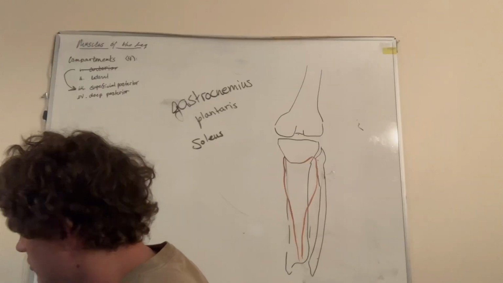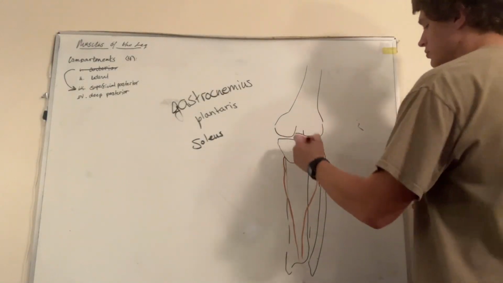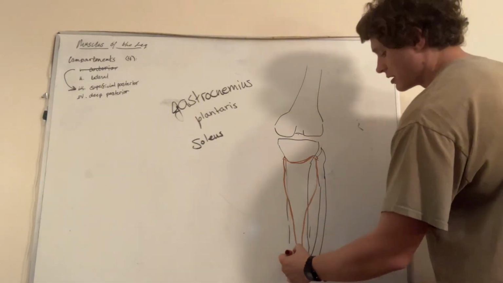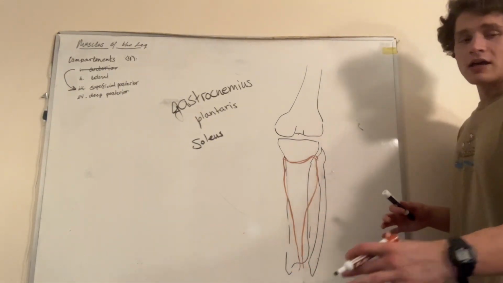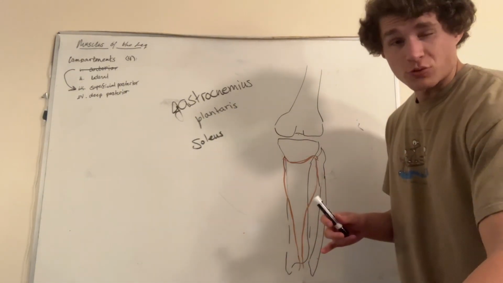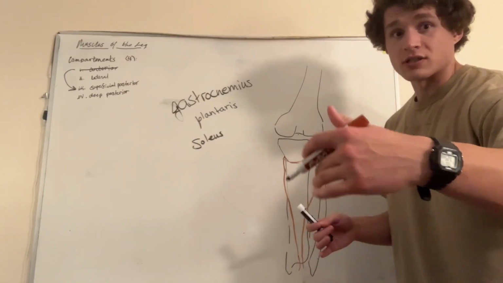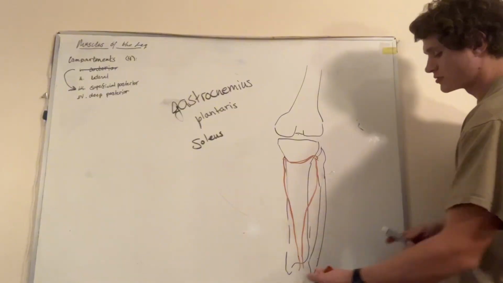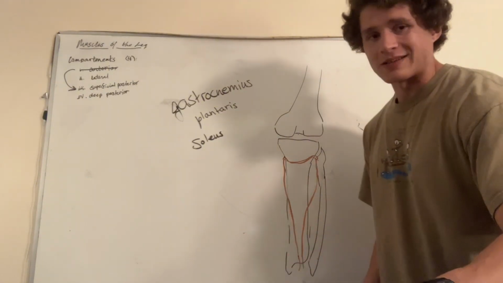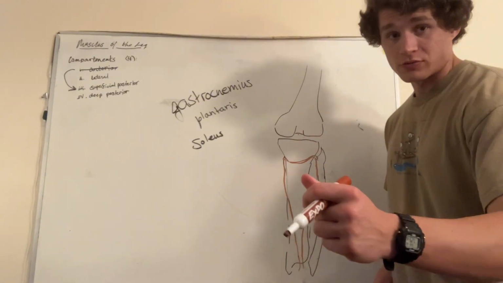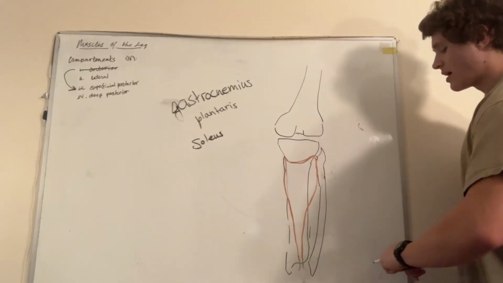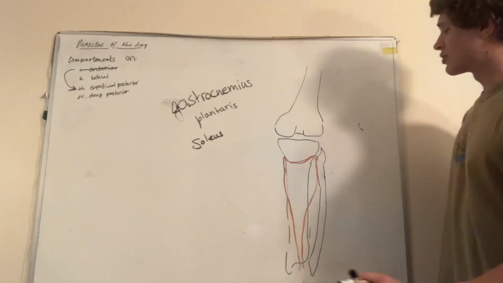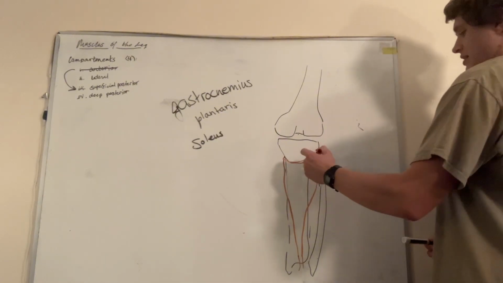It does take up an origin from both the head of the fibula and across the tibia, comes down here, and as we'll see, these 3 muscles come together in a conjoint tendon to form the Achilles tendon, which inserts all 3 of them on the calcaneus bone, one of the tarsal bones of the ankle. I ran out of real estate down here, so I couldn't really draw it, but you get the point. We'll get to it. All right, so that's soleus.